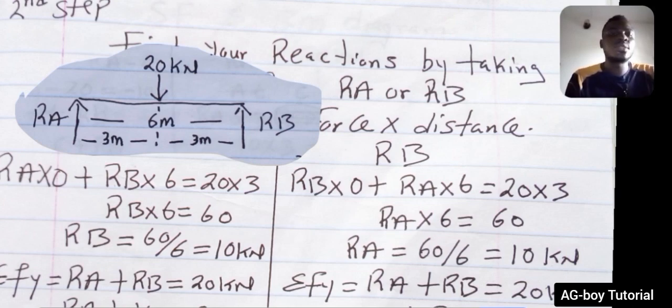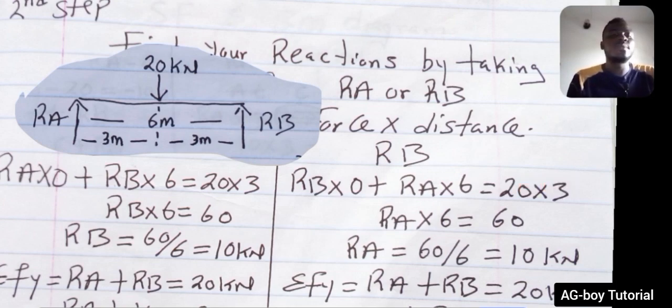Then plus, why is it positive? Because it's going upward, so it's going to be RA times the distance from RA to RB, which is 6, so it's going to be times 6, then equal to this 20 kilonewton coming downward, which is negative, so it's going to be 20 kilonewton multiplied by the distance from 20 kilonewton to my RB, which is 3, so it's going to be 20 multiplied by 3.